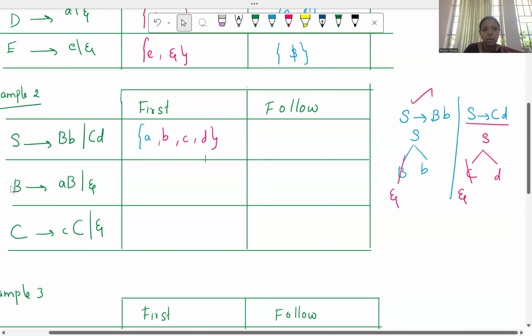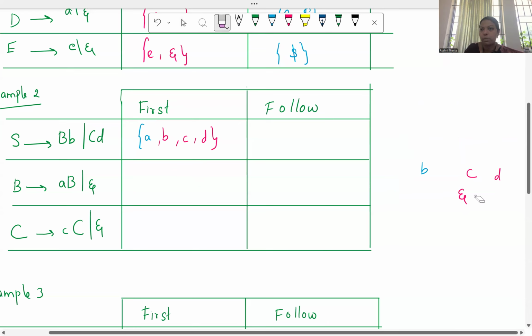Hope you got it. Now let us see the first of capital B. So when I take this production and when I derive some symbol out of this production, who will be coming? So let me write B derives a capital B and epsilon. When I derive some string out of this a and capital B, now if you see here, this a is a terminal.